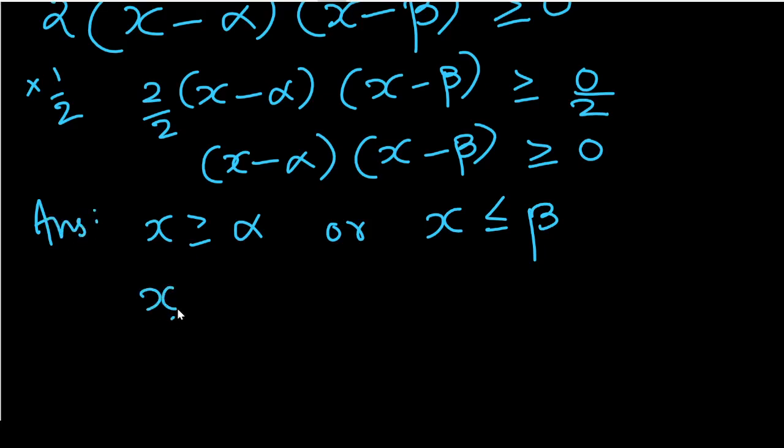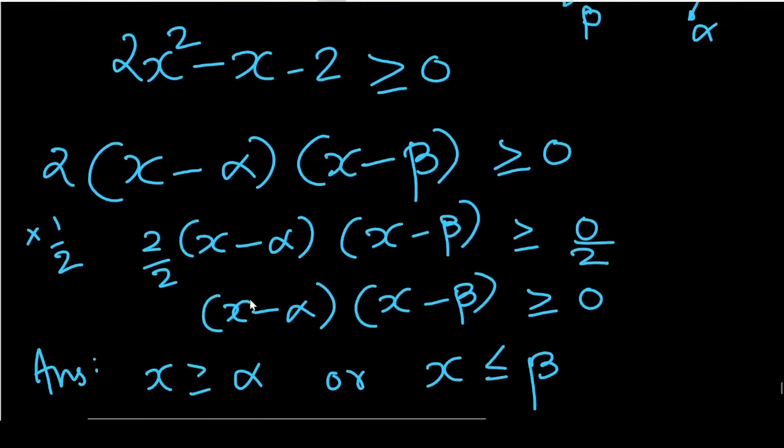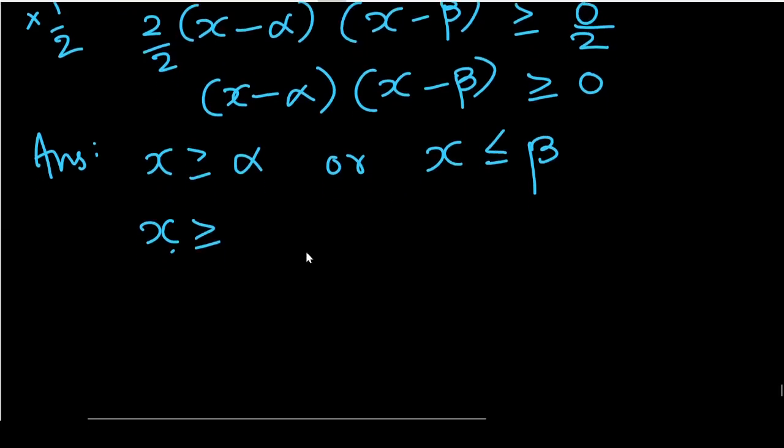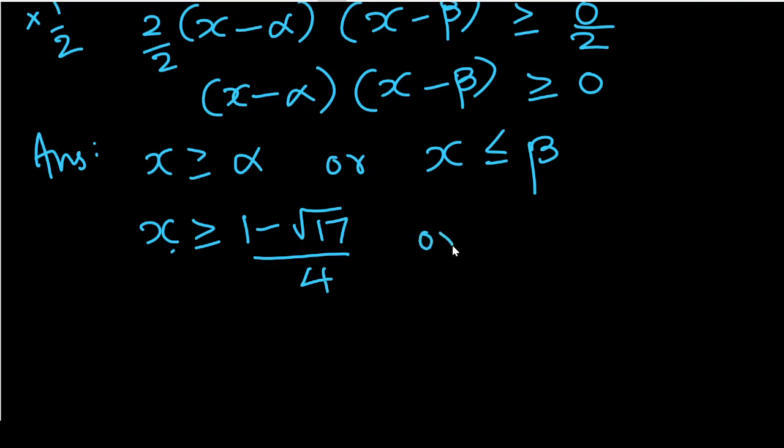Now we will substitute alpha as what? We assigned alpha as 1 minus root 17 by 4 or x less than equal to 1 plus root 17 by 4, guys.